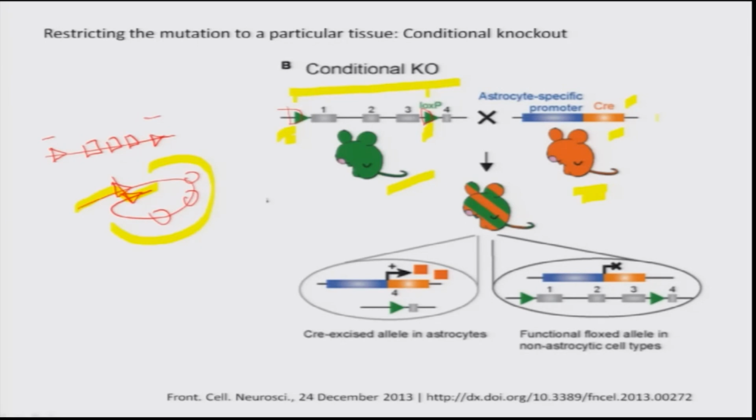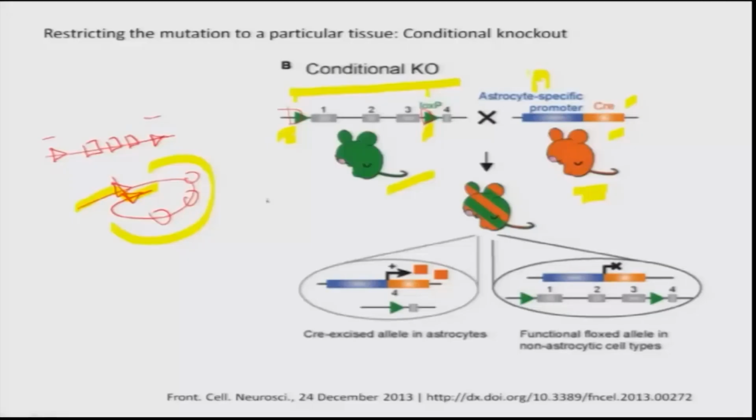I can use a promoter which drives the Cre recombinase only in, for example, astrocytes. These are supporting cells in the brain. Or I can drive the Cre recombinase coding region with a promoter of a protein normally expressed in muscle or heart or liver. So it all depends on where I want the recombination to take place.